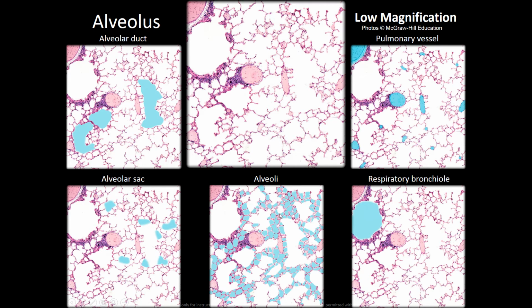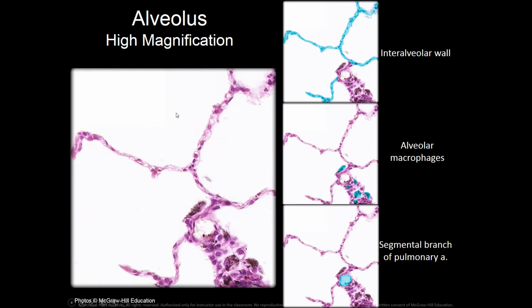All of these will be the alveoli. If you have a very huge magnification of the alveoli, you can see these alveolar walls, how thin they are. They are made of simple squamous epithelium, and then you can see some alveolar macrophages in here.